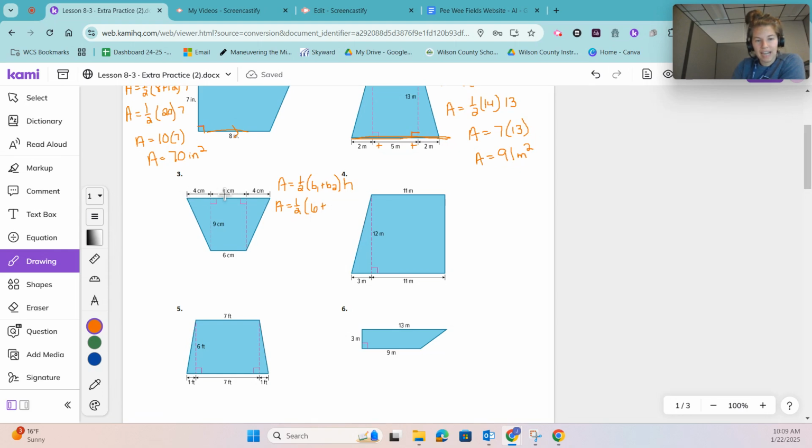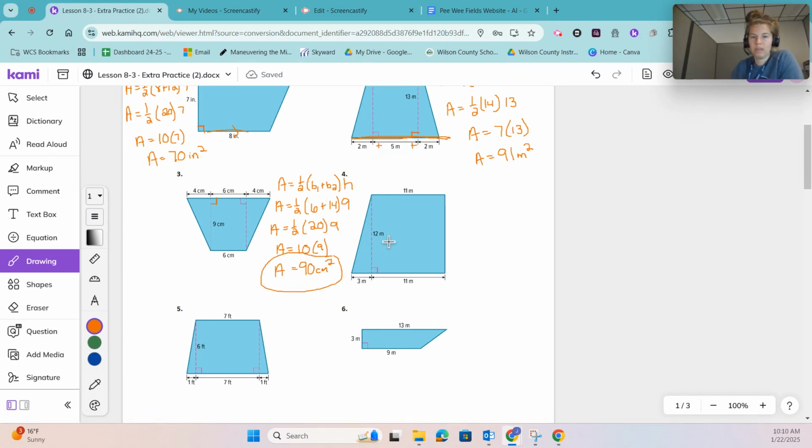Base 2, I have to add them all together. 6 plus 4 is 10, plus 4 is 14, times the height. Again, height is perpendicular to the bases, so that's 9. Okay, order of operations, 6 plus 14 is 20. Half of 20 is 10 times 9. So my area is going to be 90 centimeters squared.